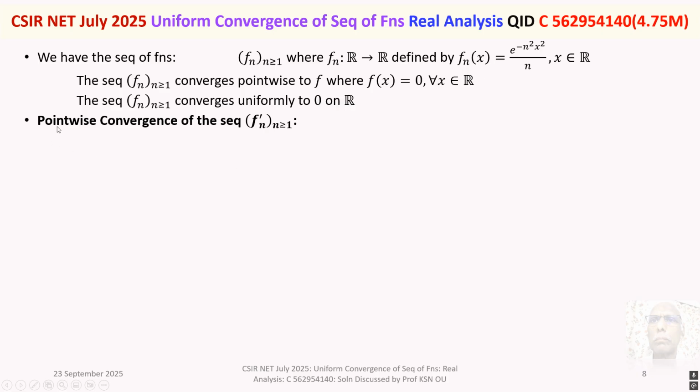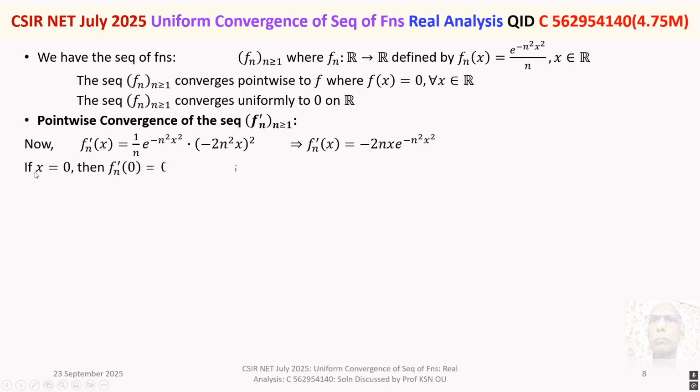So we talk about the pointwise convergence of the sequence fn prime of x, which we have calculated here, and it is minus 2nx times e^(-n²x²). This is fn prime of x.